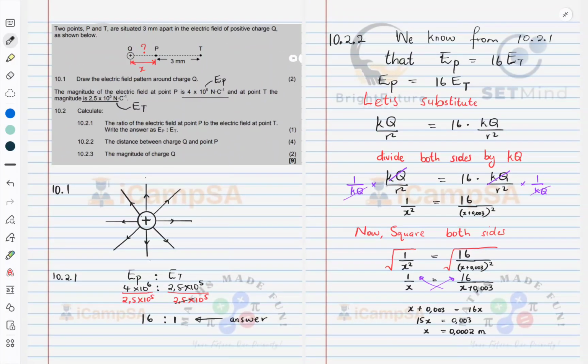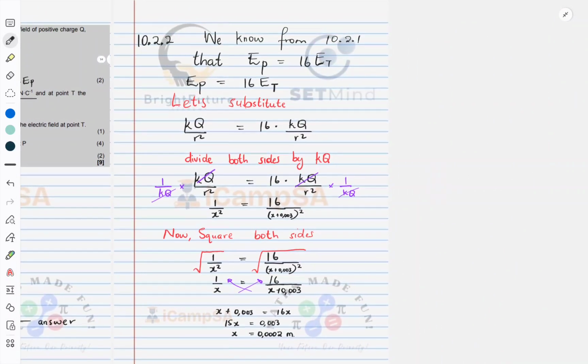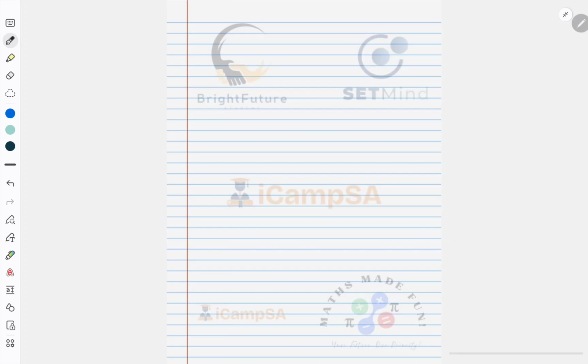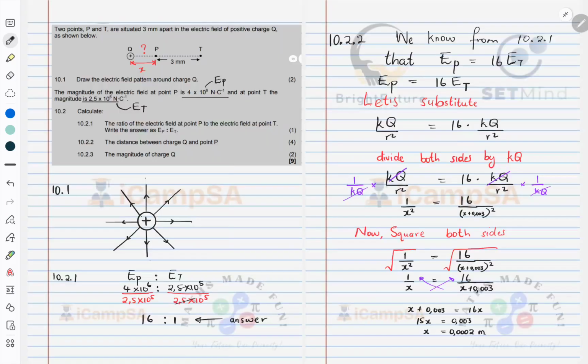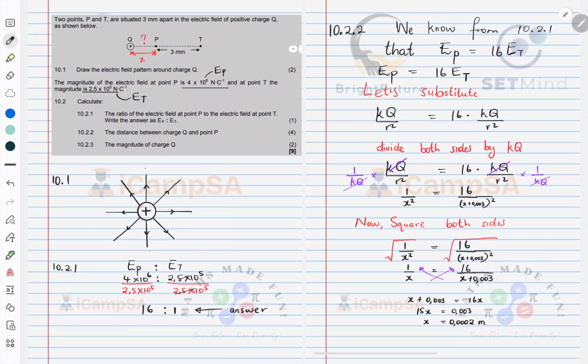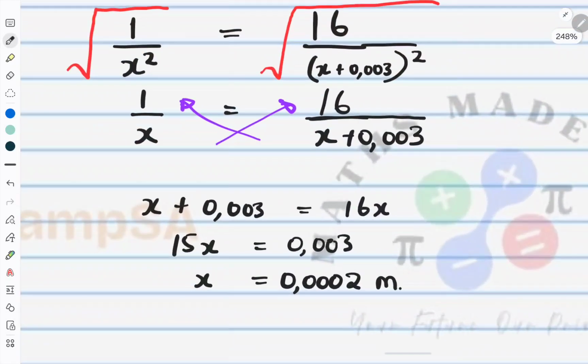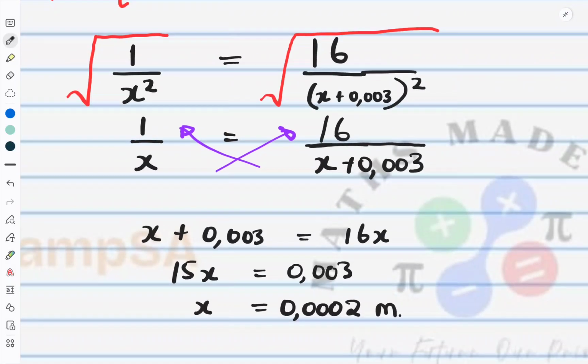So now let's find the magnitude of charge Q. And then before we do that, one last thing we forgot to do here, which is a very big mistake, was this. This is supposed to be 4 because we put a square root, remember.